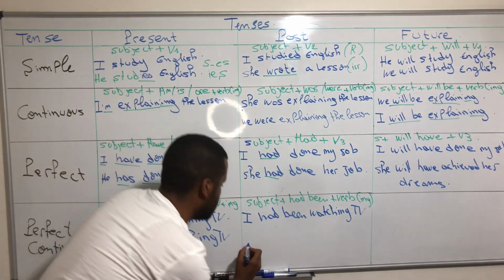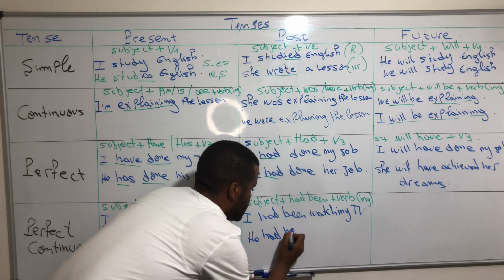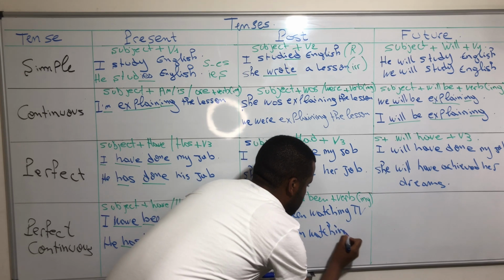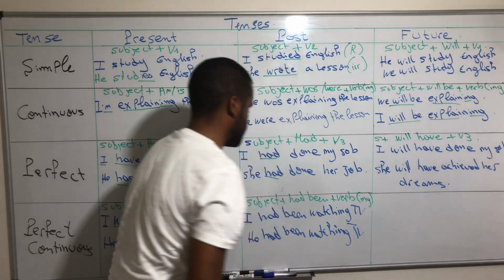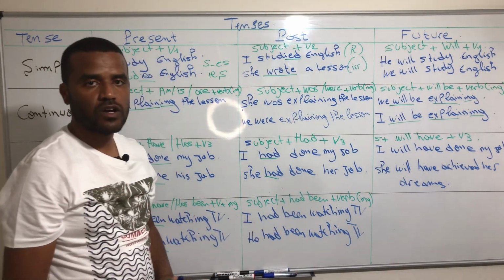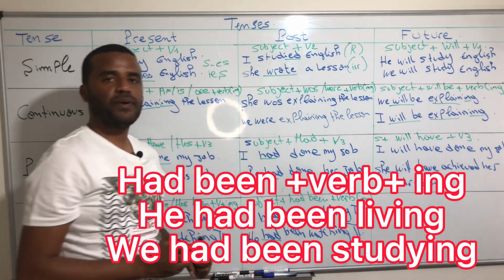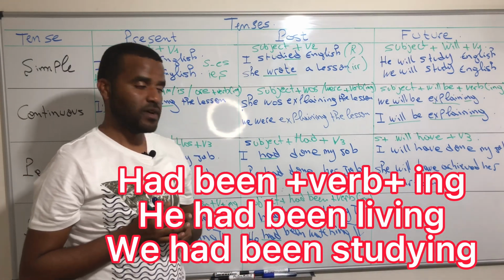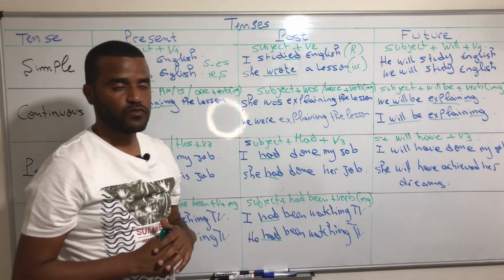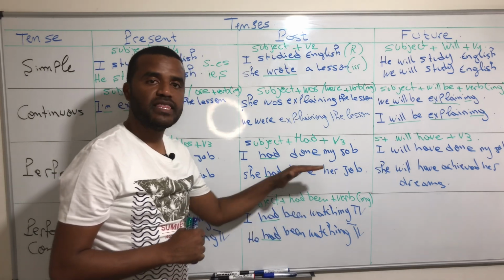Or we can say he had been watching TV. So the thing that you notice, we apply the rule that we have here: had plus the past participle of the verb. Had plus been plus verb plus ing form. Had been watching, had been living.